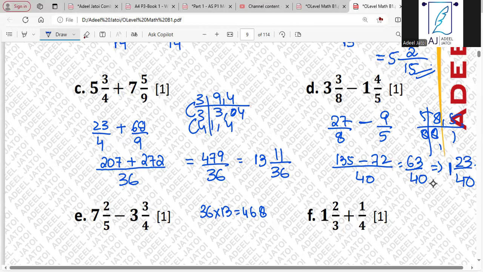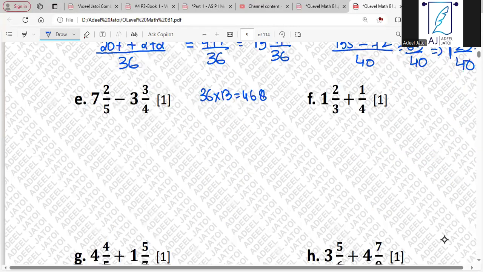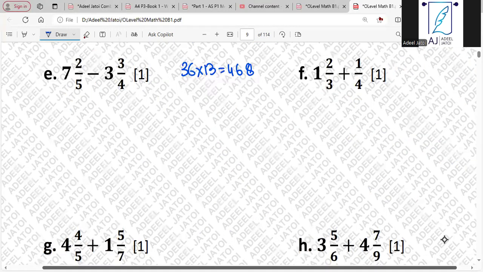Let's attempt part E, continuing with this. 5 into 7 is 35, so this will be 37 upon 5 minus 15 upon 4, because 4 threes are 12, and 12 plus 3 is 15. The LCM turns out to be 20. 20 divided by 5 is 4, multiplied by 37 is 148.